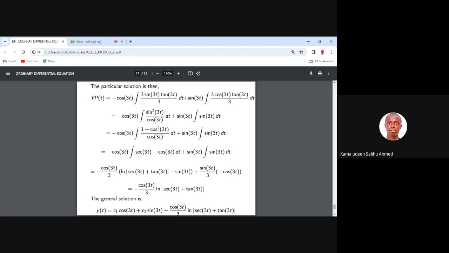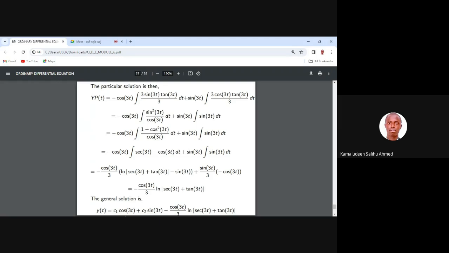The complementary solution that we have before from the left hand side, after taking the auxiliary equation, finding the quadratic, I said you have it to be complex roots.